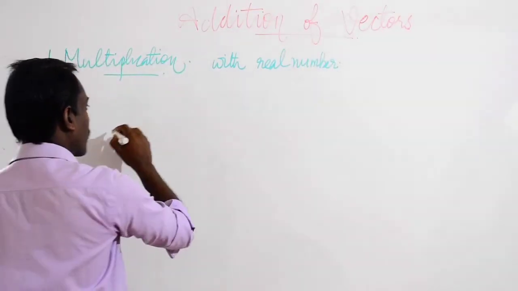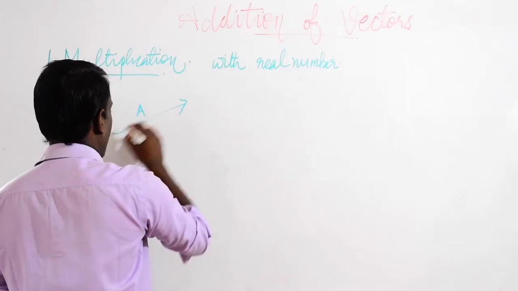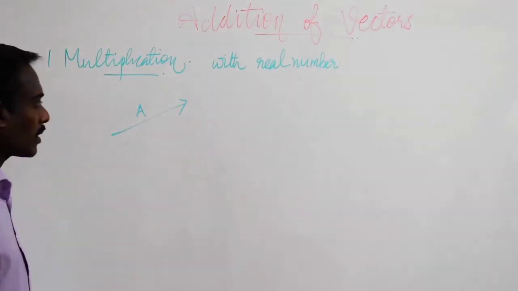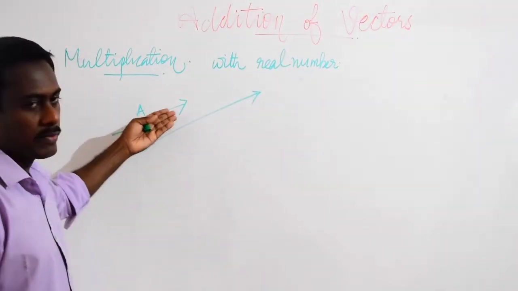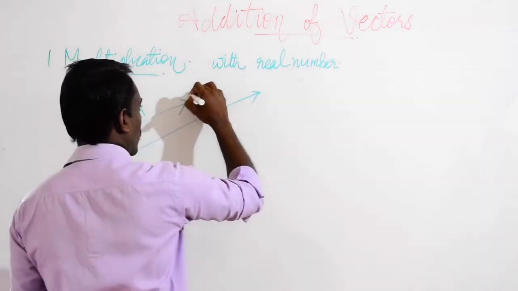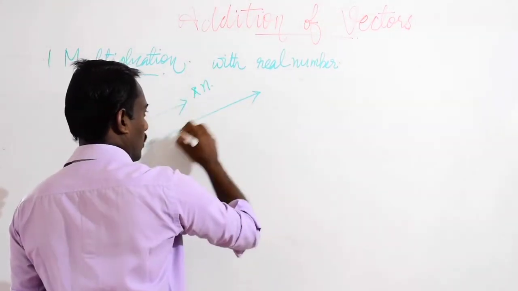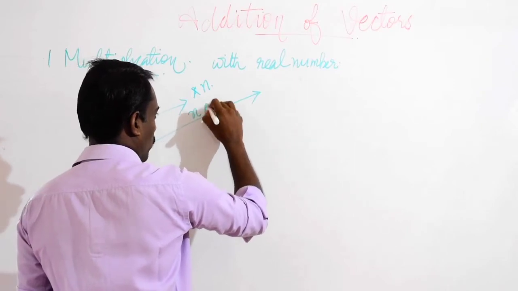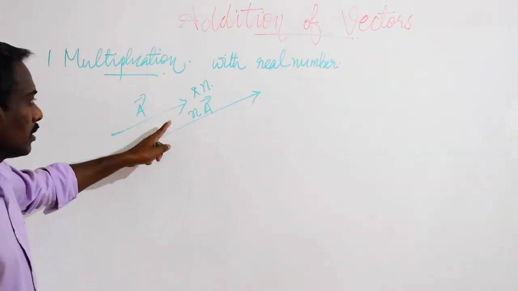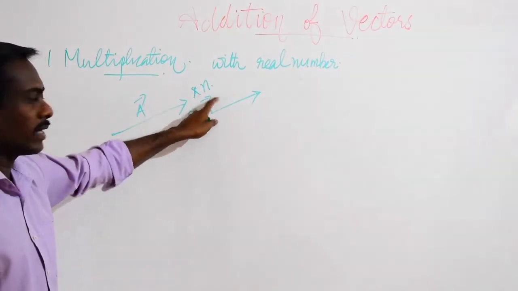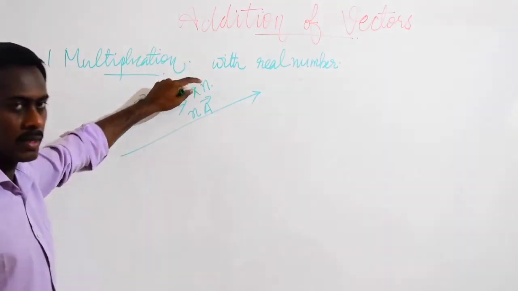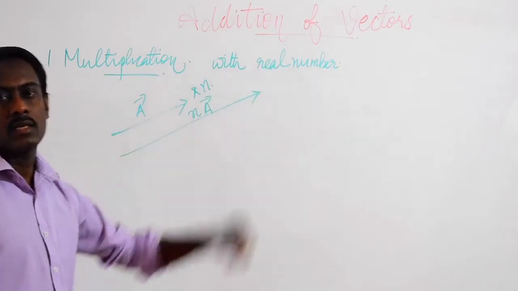For example, take a vector A, and this vector A is multiplied by a real number n. Then the vector will be n times A. That means n times of A, where the magnitude of the real number n decides how many times the vector is multiplied.